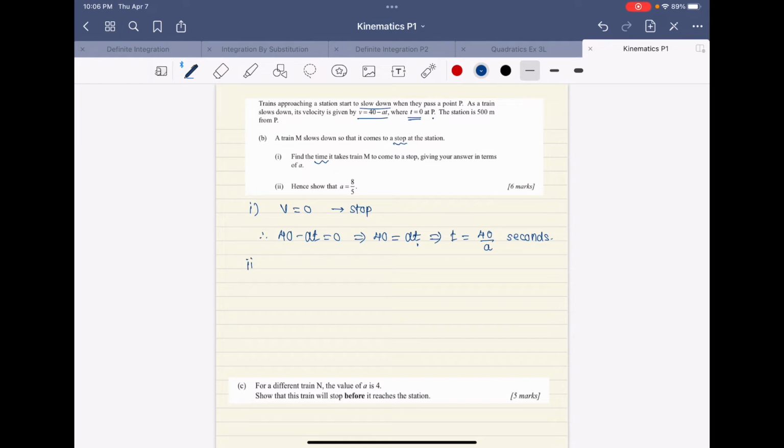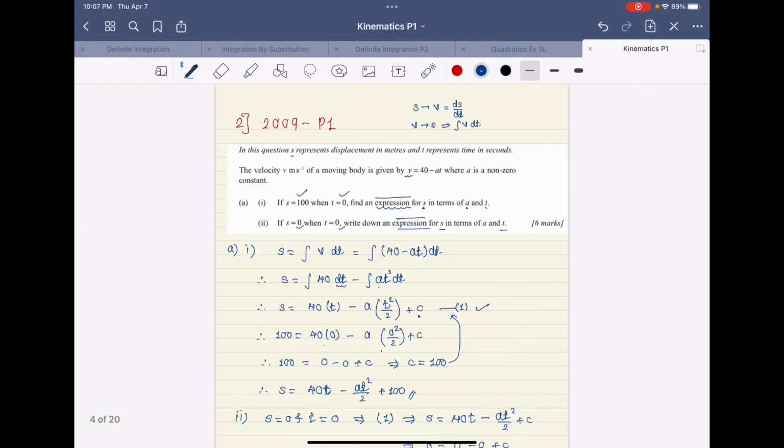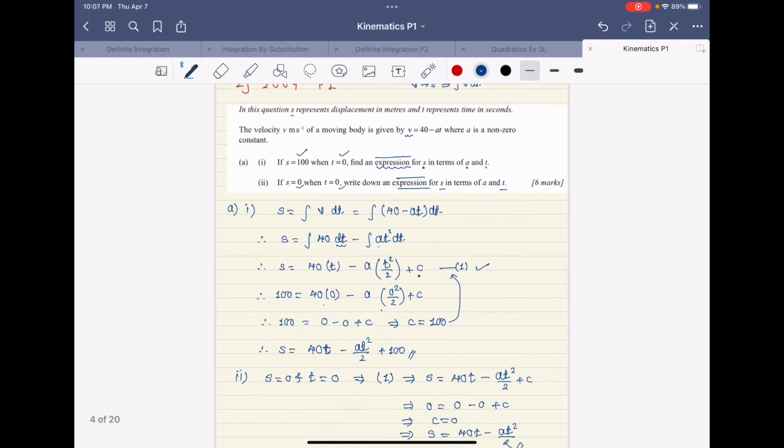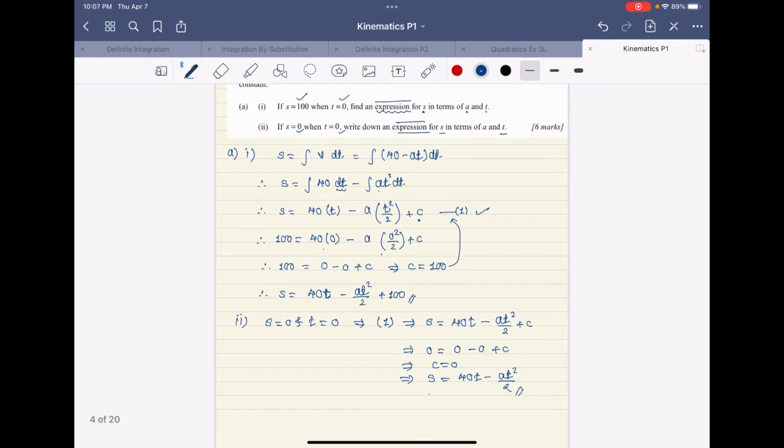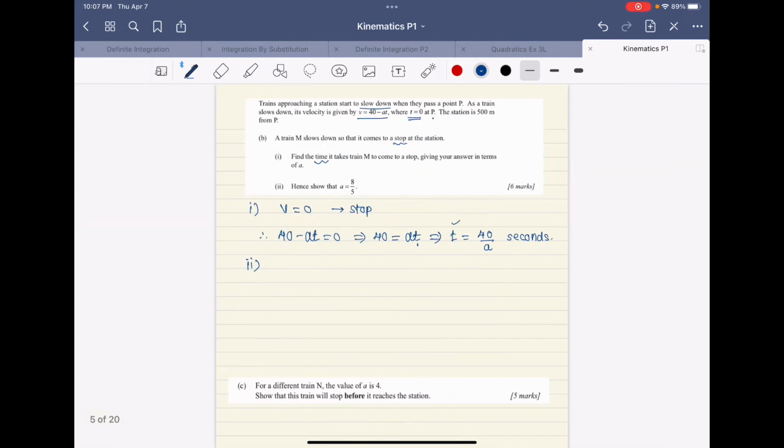Second part, hence show that a is equal to 8 over 5. We already got the t value is 40 over a. Now we will substitute this value in your s equation. In your s equation, that means we will use s is equal to 40t minus a t square over 2.